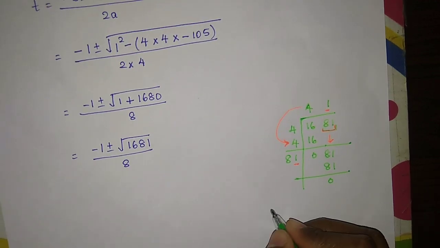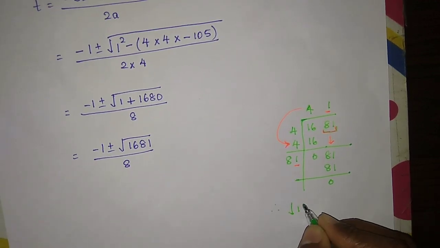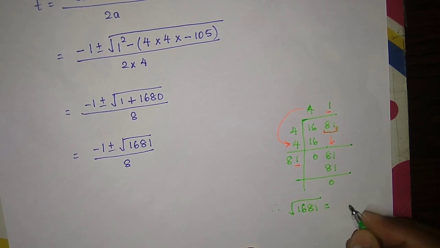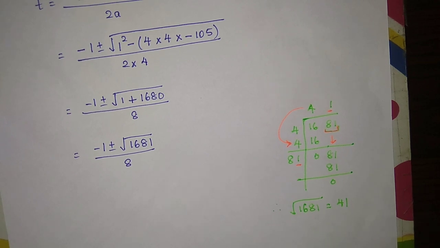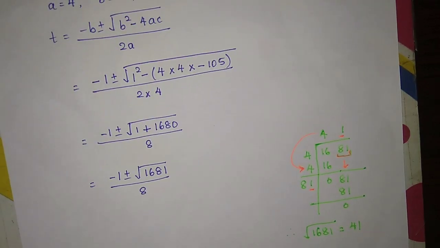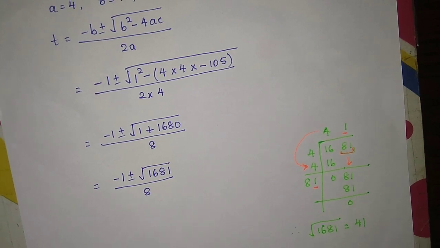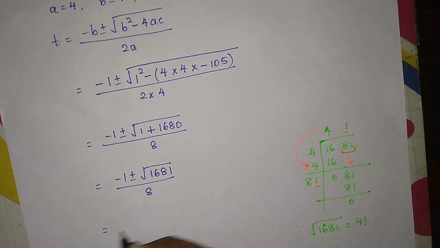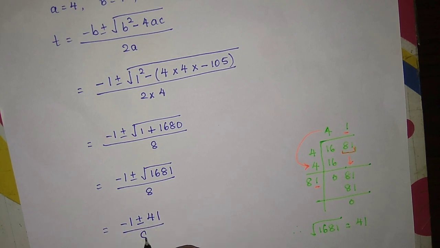So what we can conclude is that the square root of 1681 is 41. 41 square is 1681. So now this is equal to minus 1 plus or minus square root of this, which is 41, divided by 8.